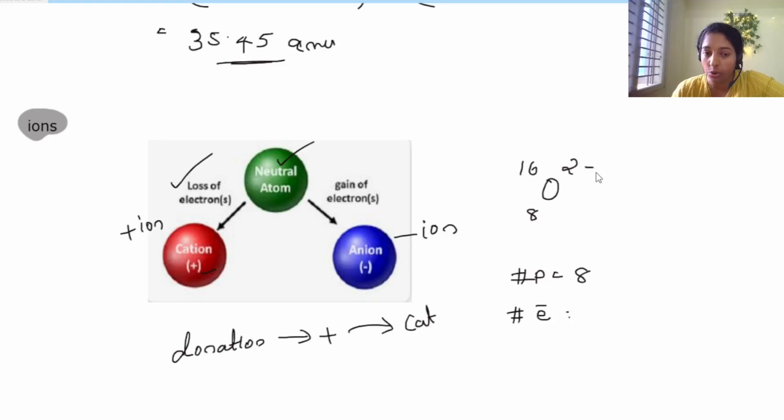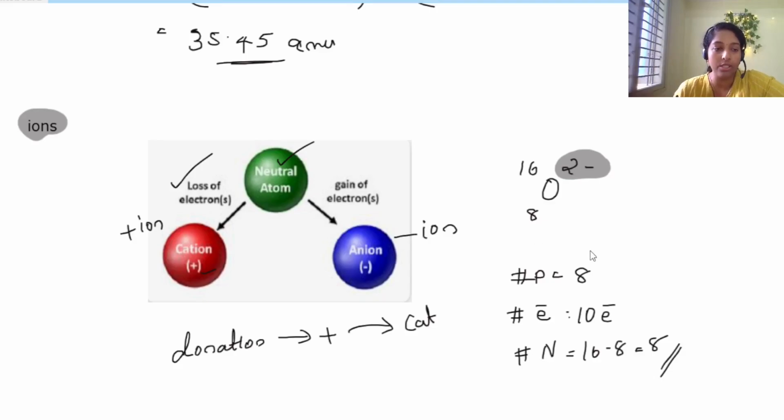Minus 2 means 2 extra electrons are added. Negative charge is the electrons present, so 2 extra negative charges are there, so 10 electrons. And the number of neutrons is 16 minus 8, so 8 neutrons. This is how we have to do it. If charges are there, write them at the top right. That's the way of representing an ion.